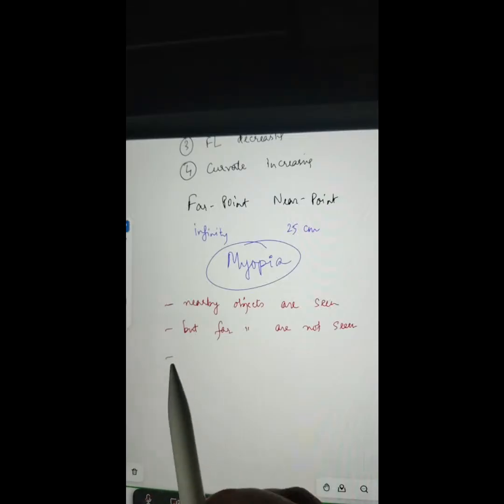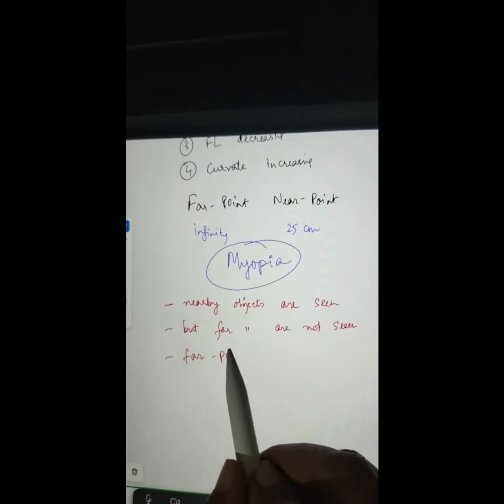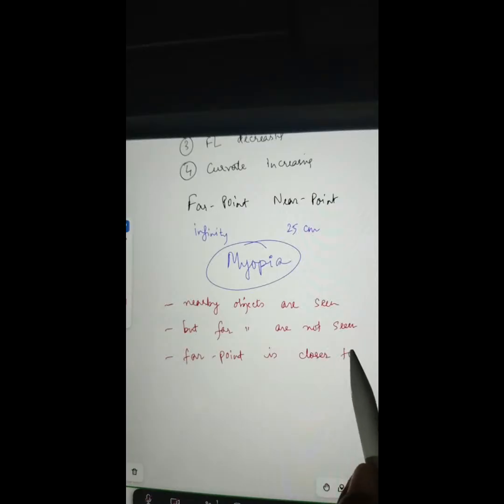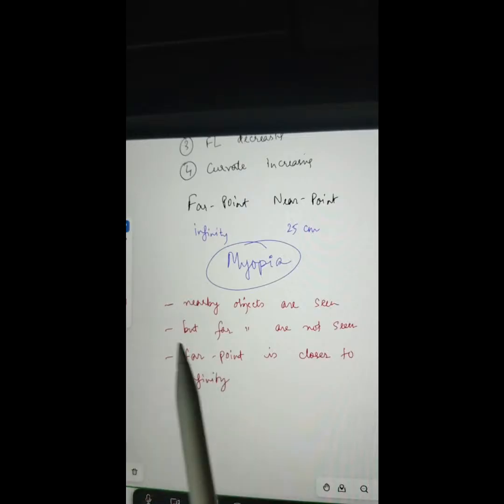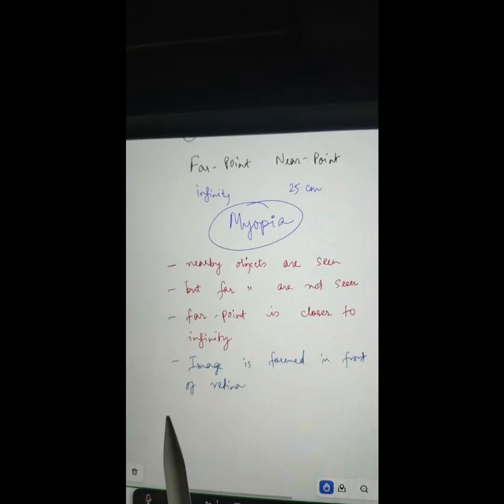So what happens in this disorder? The far point of the eye is closer than infinity. I will be taking the diagrams as well once my discussion is done. So in this myopia, the far point is closer than infinity and the image is formed in front of the retina. The image will be formed in front of the retina, which is very important.